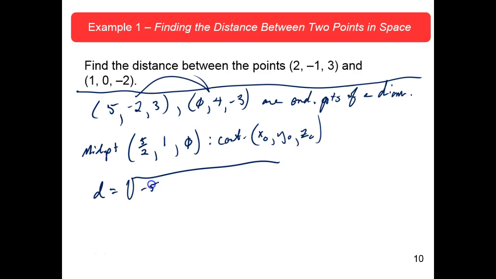Okay, -5 squared, plus 4 minus 2, or 4 minus a minus 2. Yeah, that's what I meant.